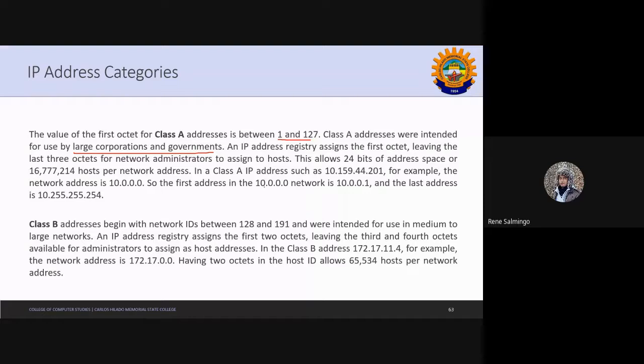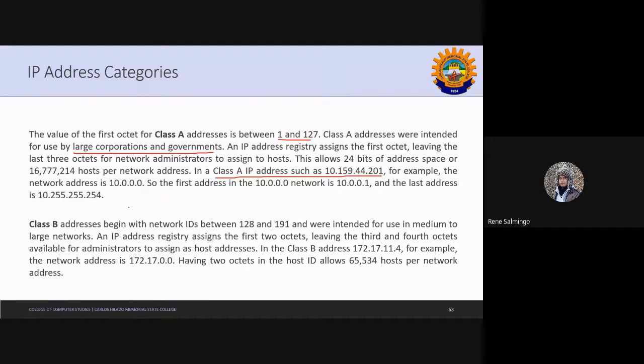So when you work, you will notice a Class A IP address looks like this.